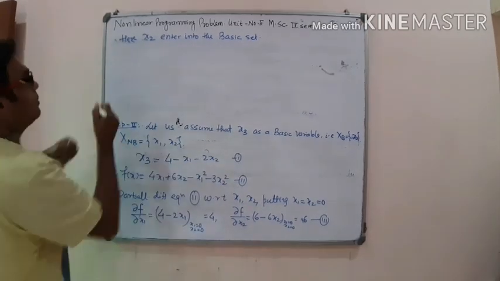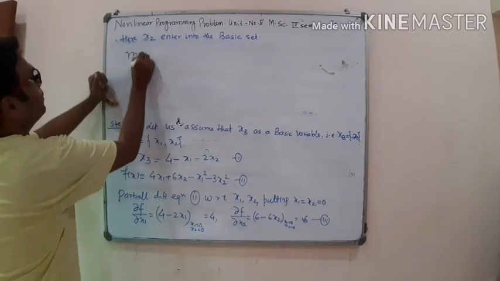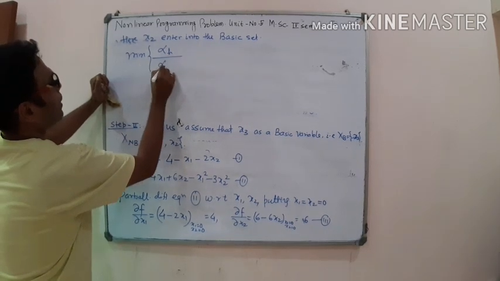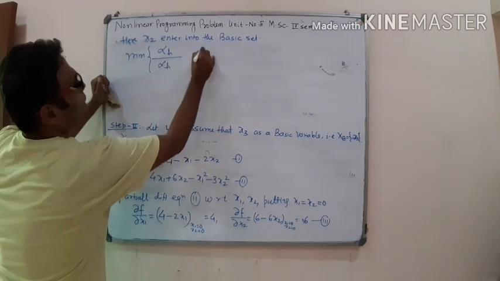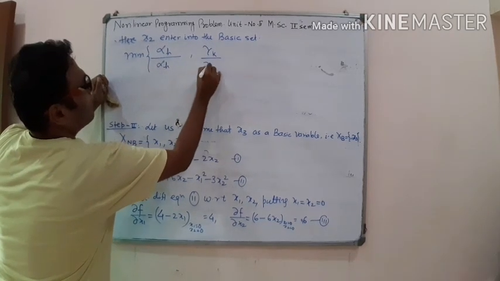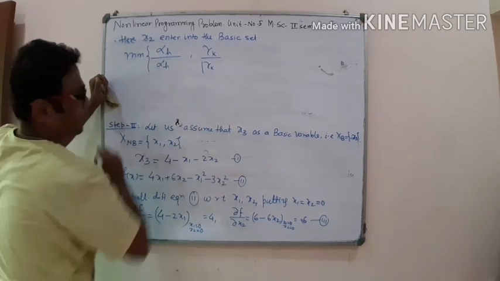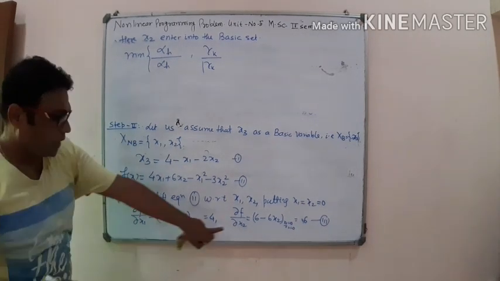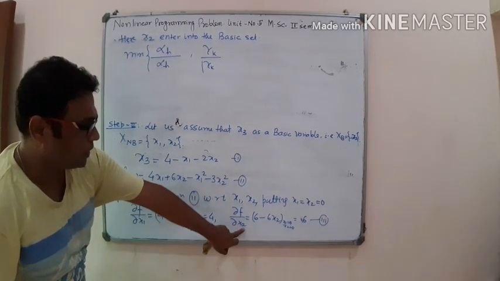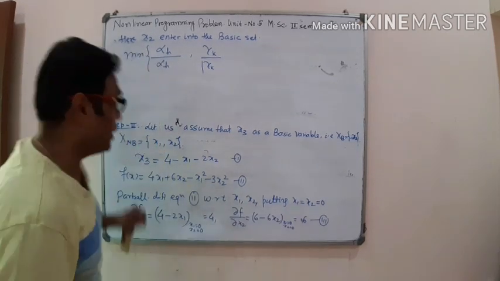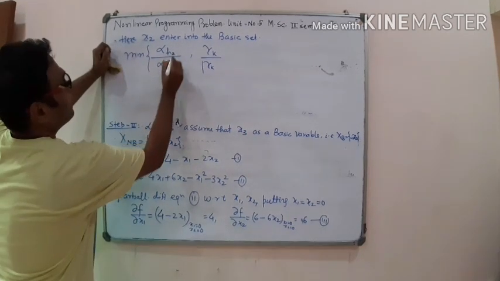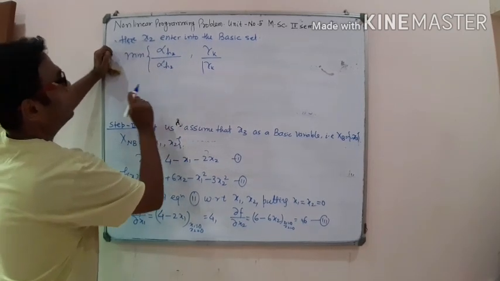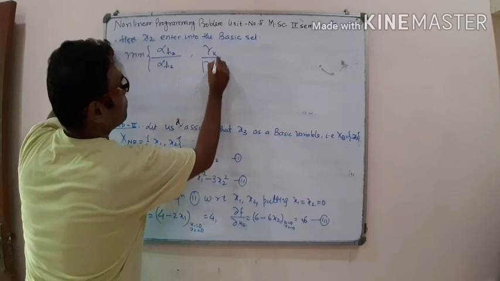Now we compute the minimum ratio, alpha h upon gamma k upon mod of gamma k. Now what is the k? K in this case, because x2 is entered due to the largest positive value, so you can put alpha 2 h, and 2 2.